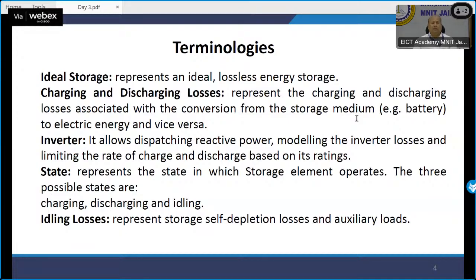Similarly, if the battery is not in operation, still you experience some losses. This represents storage self-depletion losses and auxiliary loads. It will continuously try to dispose of whatever little energy it has, and finally it will settle into a non-operational stage due to self-depletion losses.